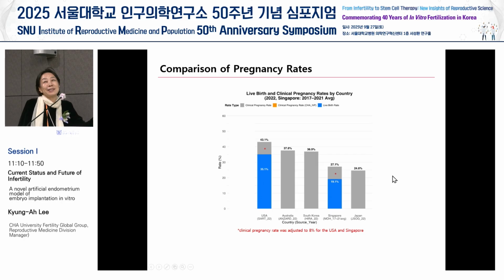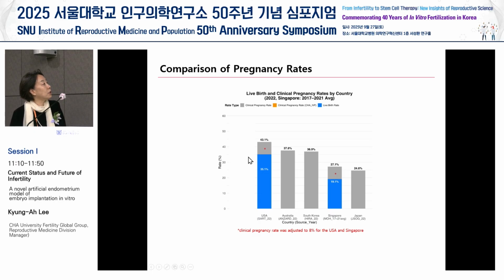And this is the slide I would like to show you. I found the success rates of clinical pregnancy in 2022. It was SART data and Singapore national data. It was the clinical pregnancy rate, though they have live birth rates in Singapore and the United States.